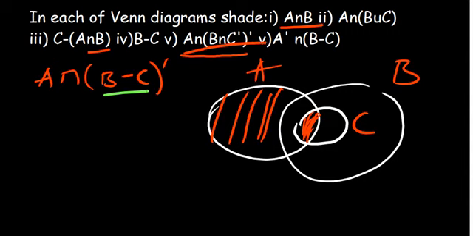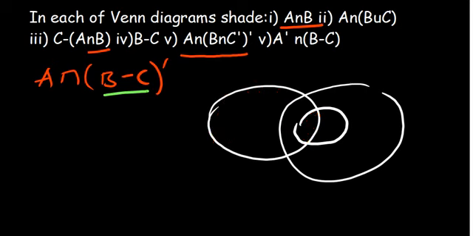Finally, let's look at the last one, which is basically A complement. Remember that is our A, this is our B, and what we have inside is a C there.